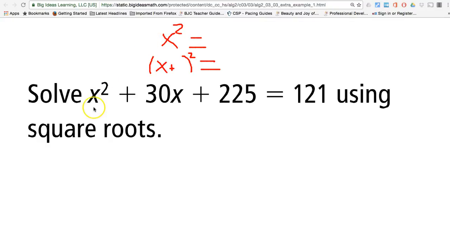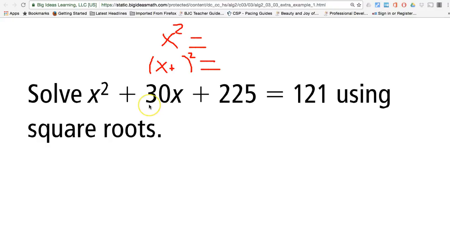So when you have an equation like this, where you've got a quadratic trinomial, in order to arrive at one of these two situations, you need to see if this quadratic is a perfect square. Now, remember, we looked at what makes a perfect square trinomial.